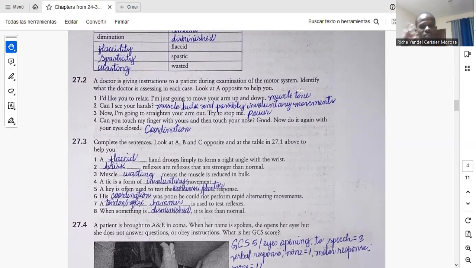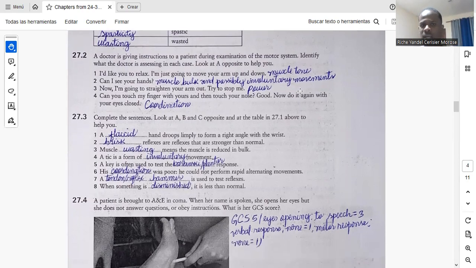A doctor giving instruction next. A doctor is giving instructions to a patient during an examination of the motor system. First one, I would like you to relax. I'm just going to move your arm up and down. That is muscle tone. Can I see your hand, muscle bulk, and possibly involuntary movement?